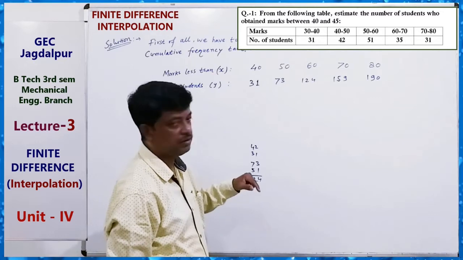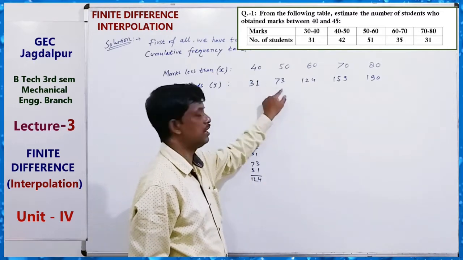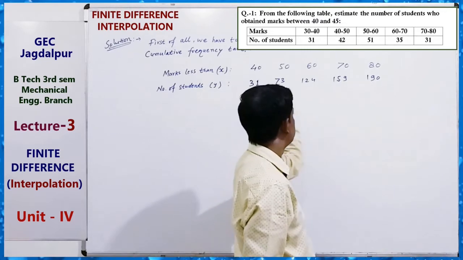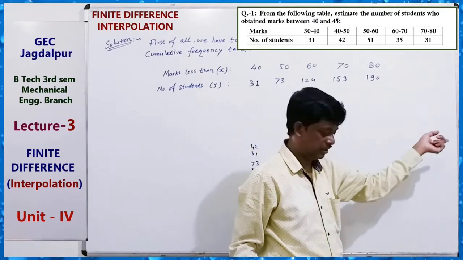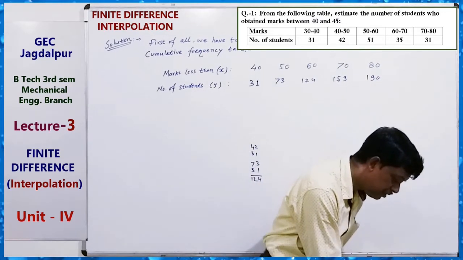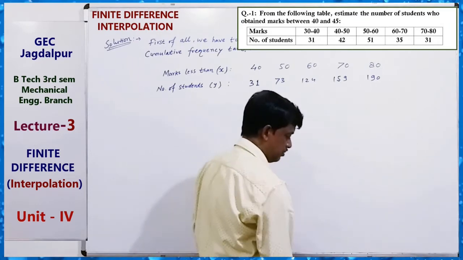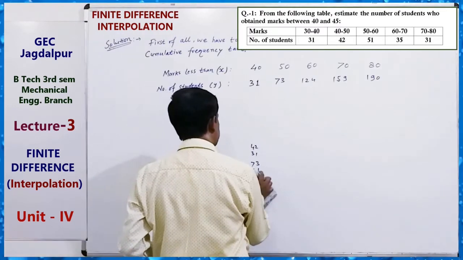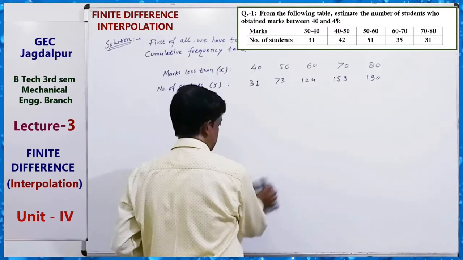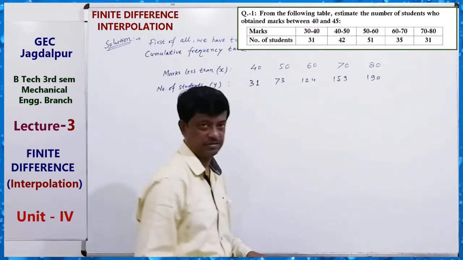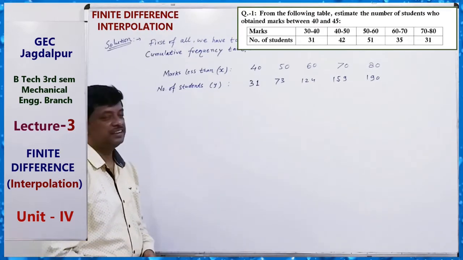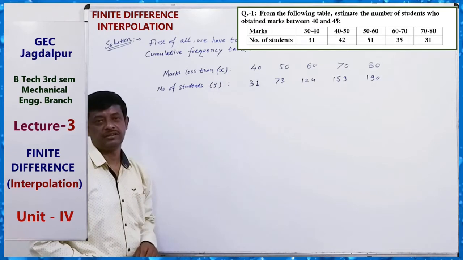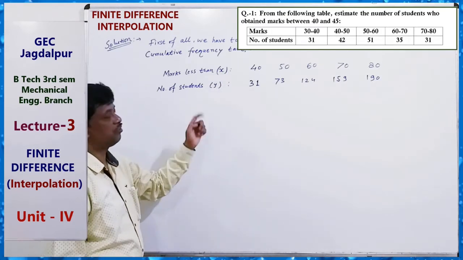First value, then first and second added, then first, second and third added, then first, second, third and fourth added, and then first, second, third, fourth and fifth. So this is the cumulative frequency table. This table can be used for getting marks less than 45. Marks less than 40 is 31.